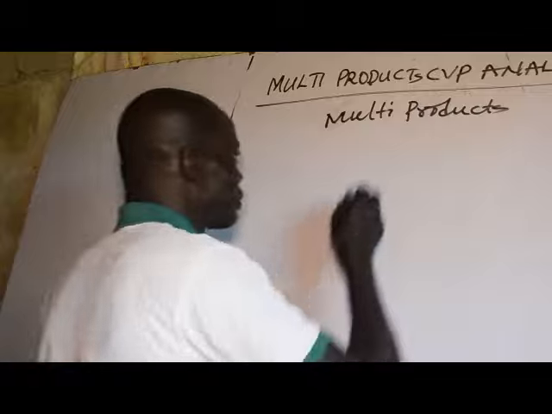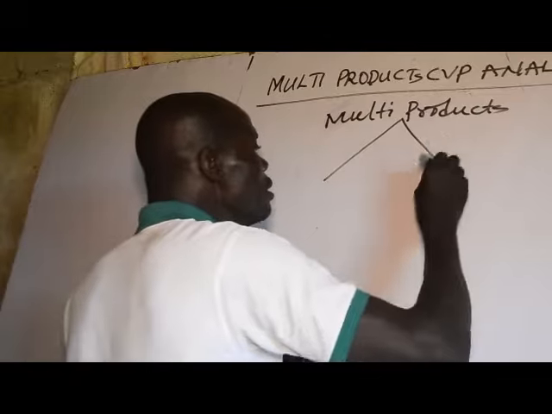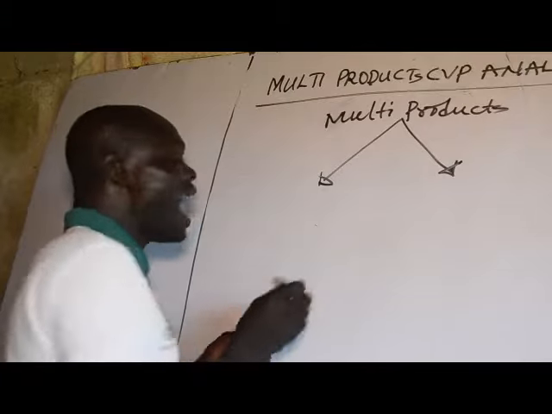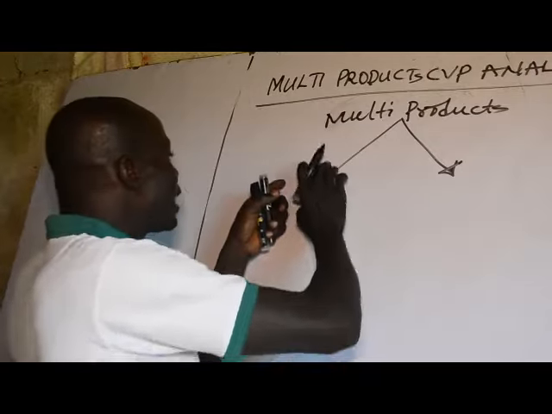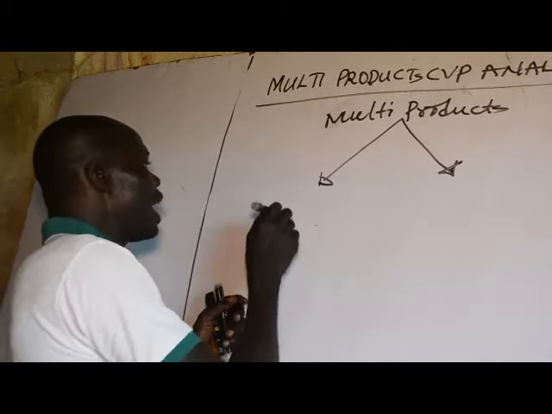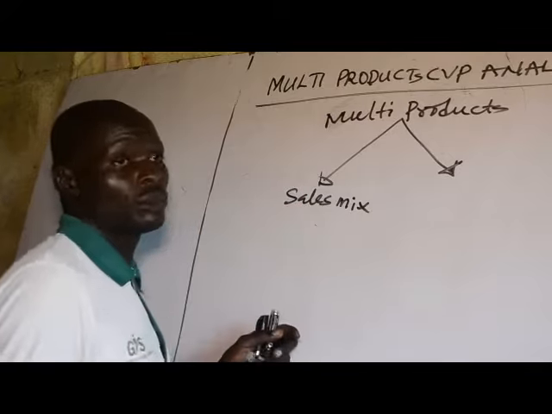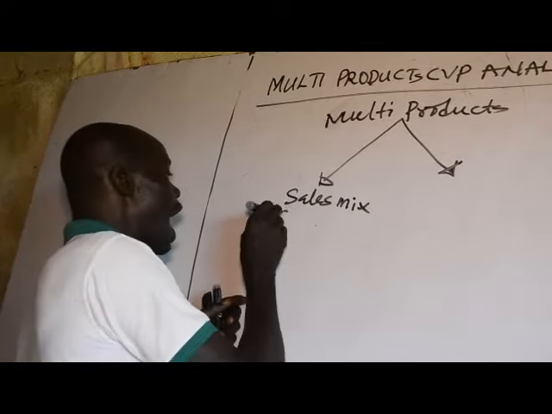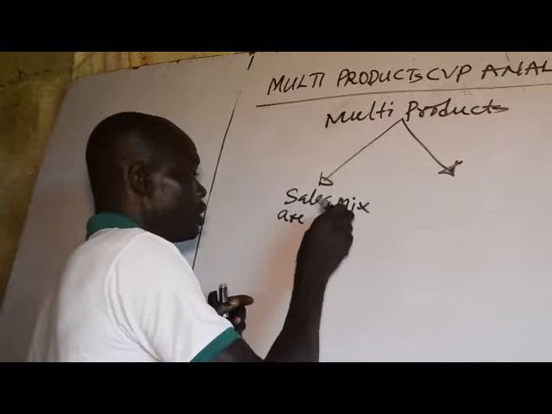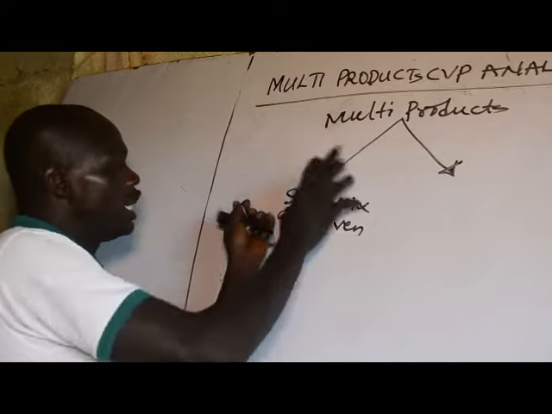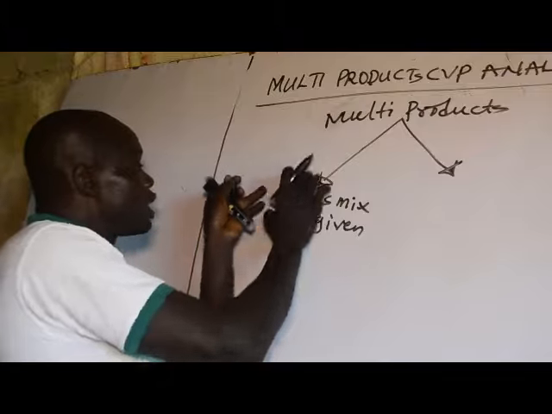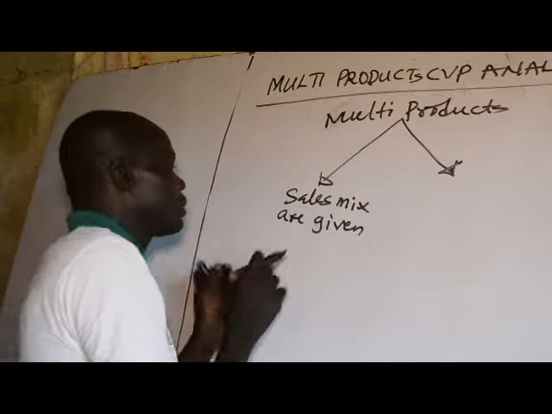Examiner requirements. You may be asked to compute the break-even point where sales mix is given, or where weights are given. We either call it sales mix or we call it weight.